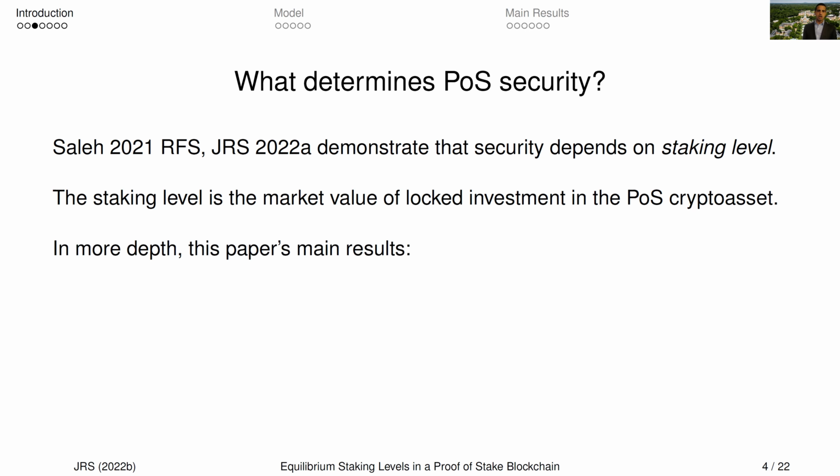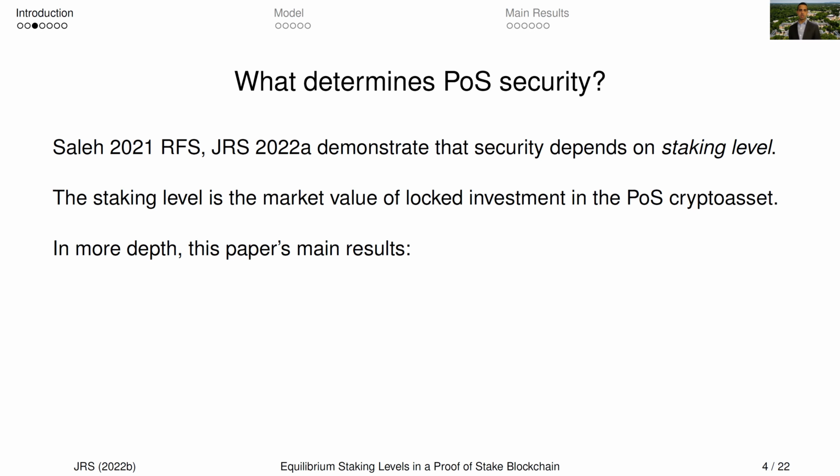With that context, though, we can turn back to what I'm saying is the main point of this paper, but dig in a little bit and provide it in more depth, incorporating the fact that security for proof of stake means that a more secure proof of stake blockchain has more locked investment in the main asset of that blockchain.